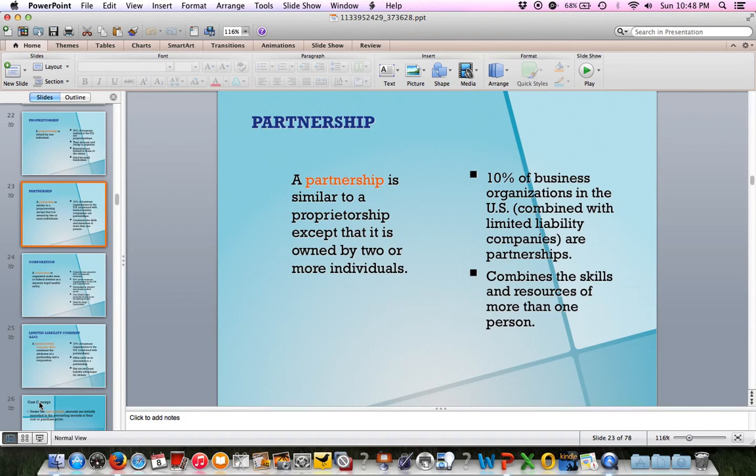It says about 10% of businesses are run this way. There's advantages, of course, because two or more people working together have more resources, can combine skills. Maybe one person's really good at marketing, but the other person's really good at IT, or you can take people with different skills, match them together, and work together to start and grow a business.